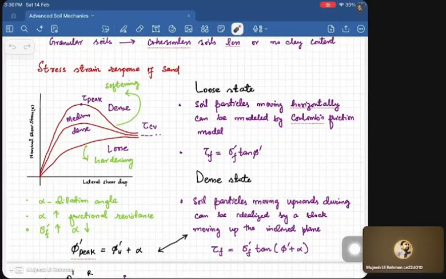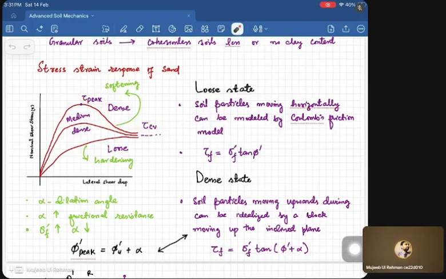Now you can see that for a dense sand, while we are shearing it, it will achieve the peak quickly, and after achieving the peak, the stresses will start to decrease. It goes down until it achieves the final state that we call the critical state. This decrease in the stress value after the peak, we call softening.